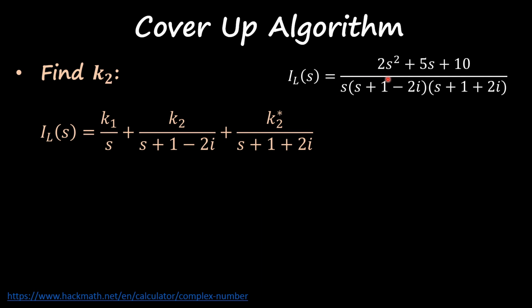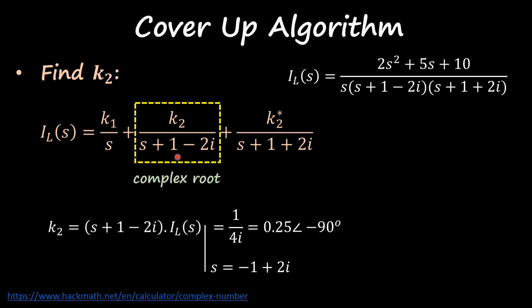For your k2, the complex ones, you do exactly the same thing. The expression that I'm going to use is this one, because now I have a complex number for s, so it's easier to put it in this format. I have a complex root, so I'm going to multiply my IL of s by that function, and my s is going to be equal to -1 plus 2i. If I plug these in, notice that this term cancels with this term, and wherever you see s, I literally substitute -1 plus 2i.